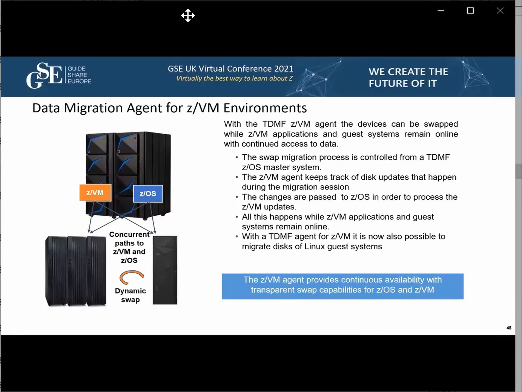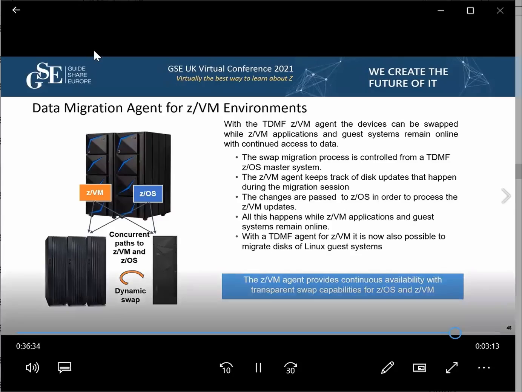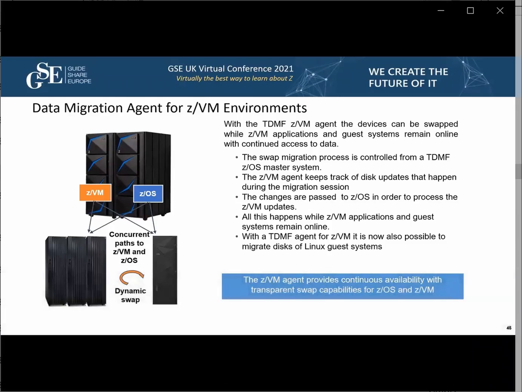And once you initiate a migration, the VM agent monitors devices from the VM perspective that are taking part in that migration and keeps track of any updates to those volumes. And if it does see an update, that's communicated back to the z/OS master system to ensure that those updates are getting mirrored appropriately onto the target volumes. So again, very similar to how it's done for z/OS.